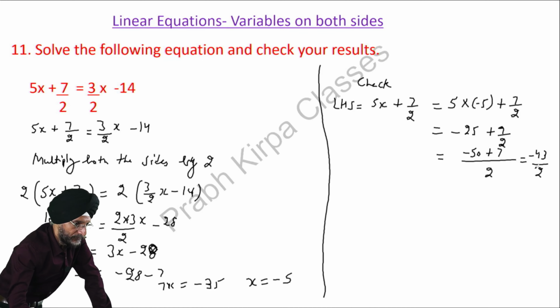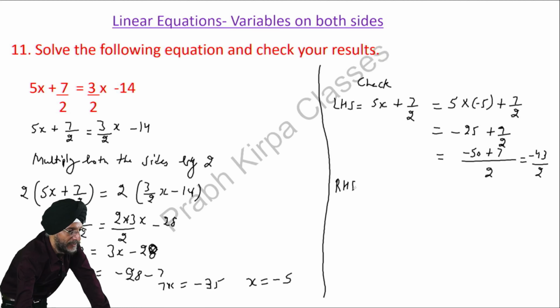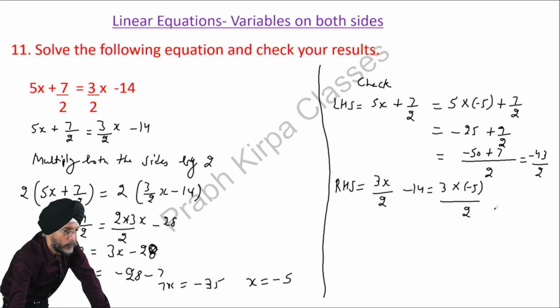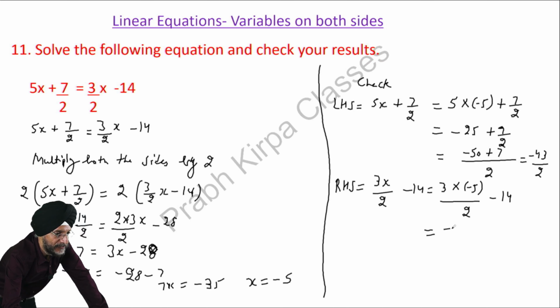Then we will fill in the value on the right hand side expression, it is 3x over 2 minus 14. We will fill in the value of x. What is x? x is minus 5. So 3 into minus 5 over 2 minus 14, 3 into minus 5 it becomes minus 15 over 2, then minus 14.